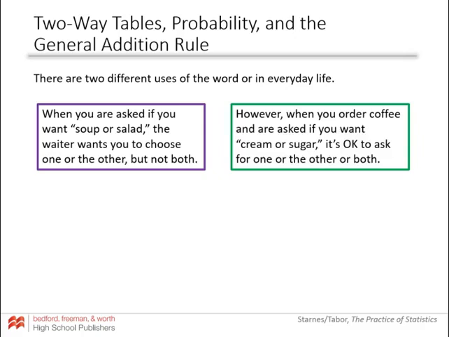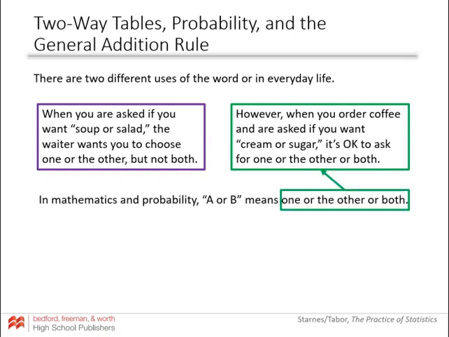You can have cream or sugar or both of them. Even though it's the same kind of thing, we understand in English that there are two different ways to use that word. In statistics, when we use the word "or," we're talking about the coffee kind. It could be one or the other or both of them.